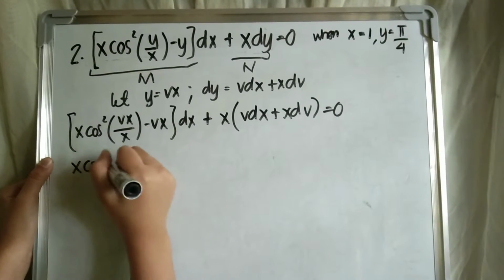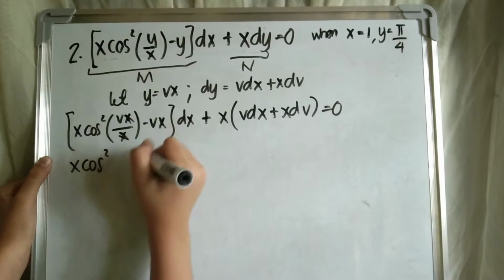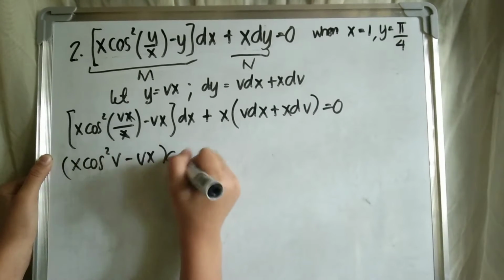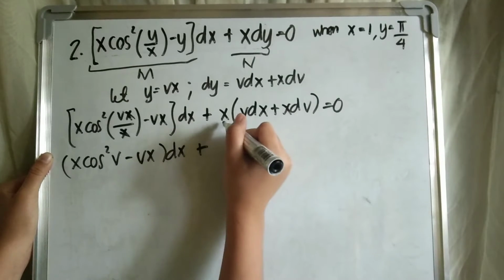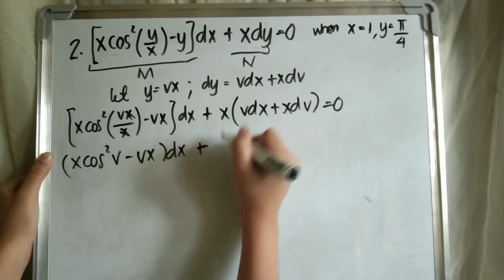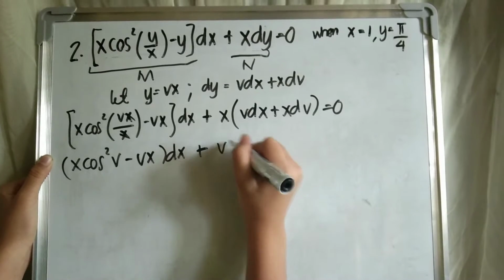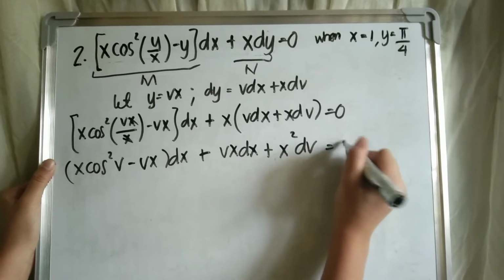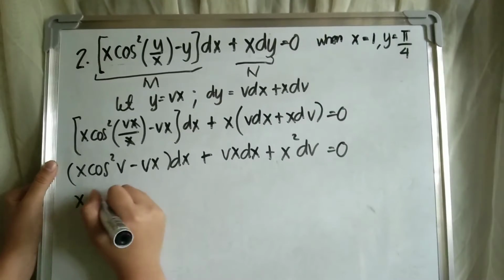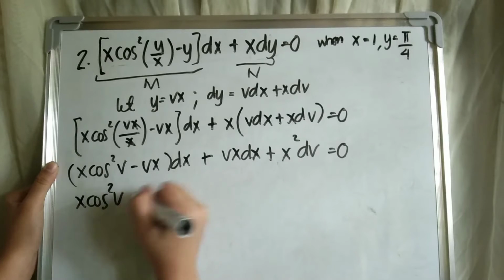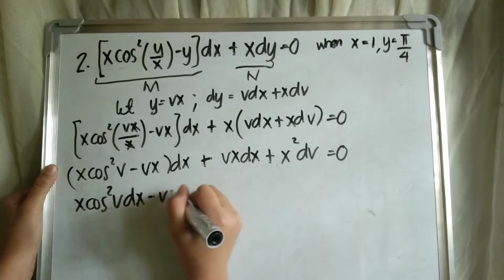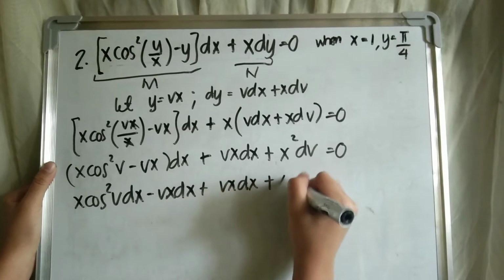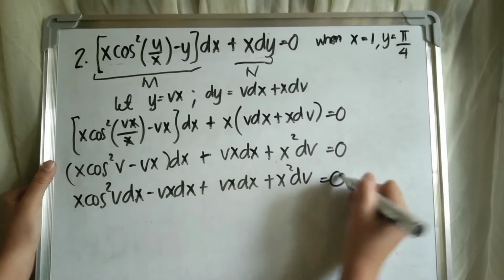So this will be x cos squared v, the x cancels, minus v of x dx plus, substitute the x into the inner term, so this will become vx dx plus x squared dv equals 0. This will become x cos squared v dx minus vx dx plus vx dx plus x squared dv equals 0.